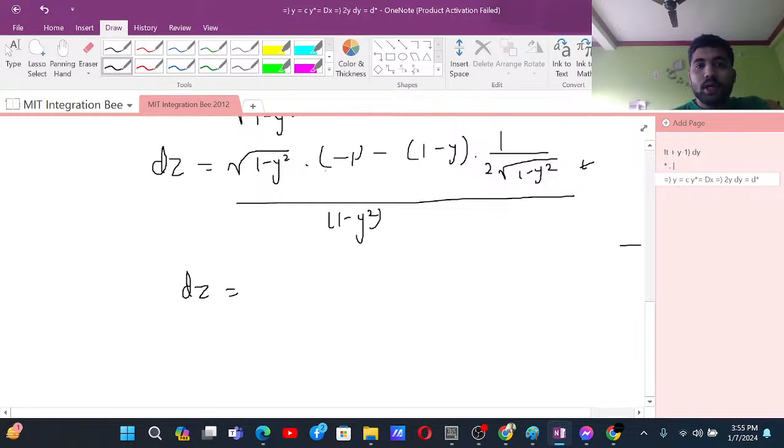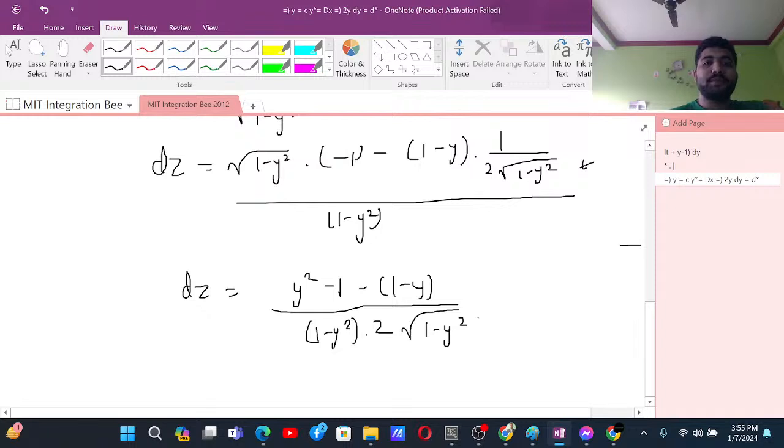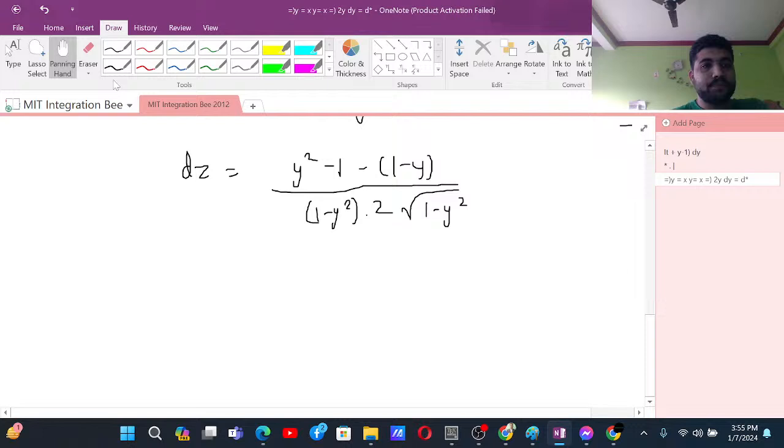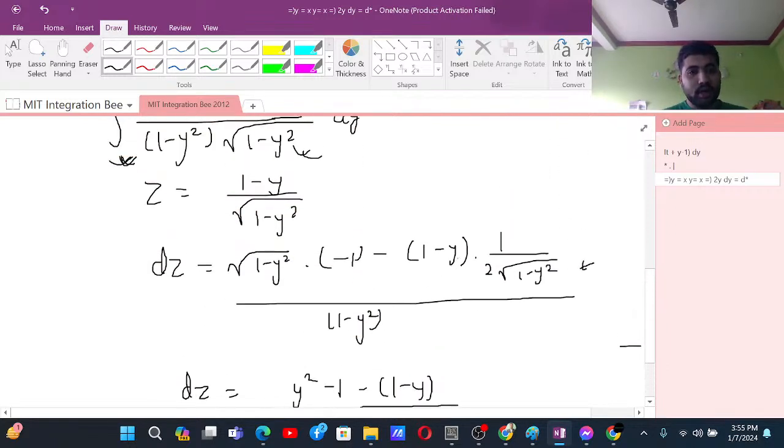Now here's minus 1, so 1 minus y square will be y square minus 1. And then minus 1 minus y by 1 minus y square, and then 2 times root under 1 minus y square. Now we'll have this equals y square minus 2 plus y. Did the 1 not cancel out?